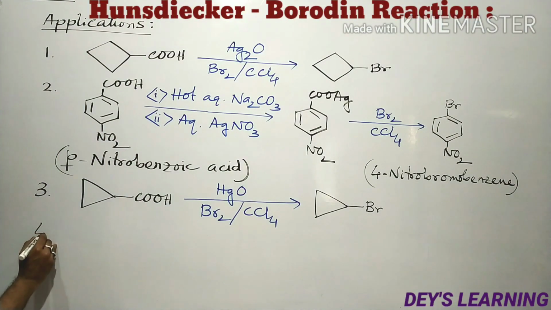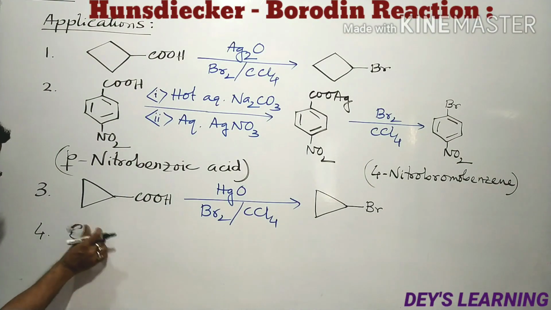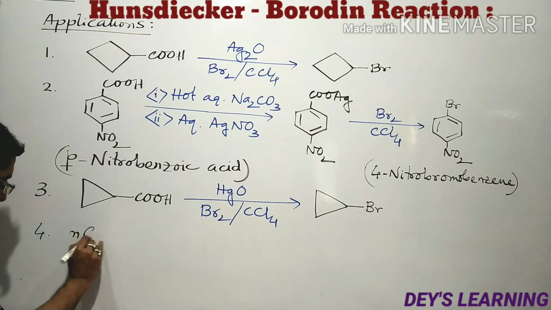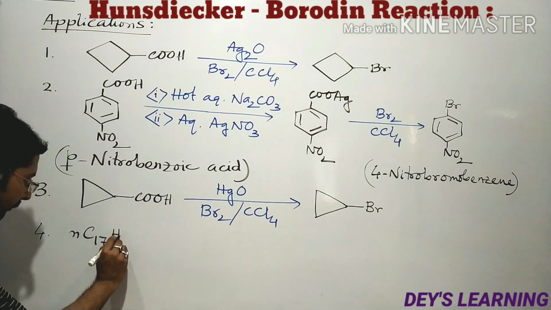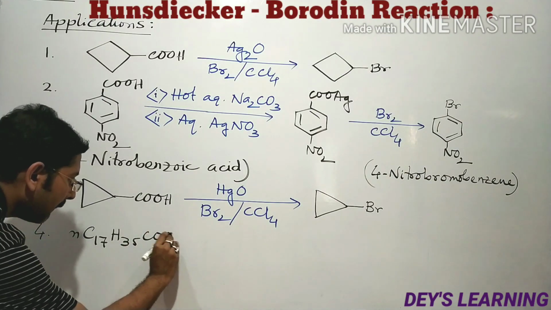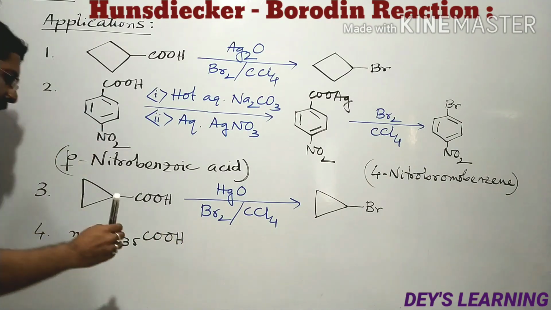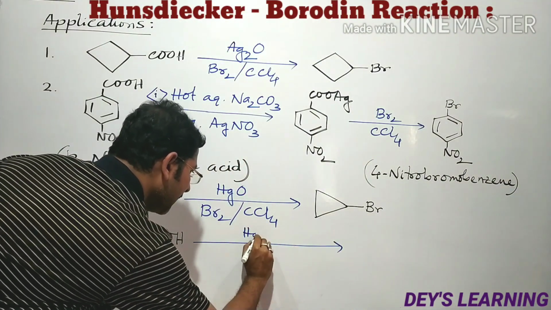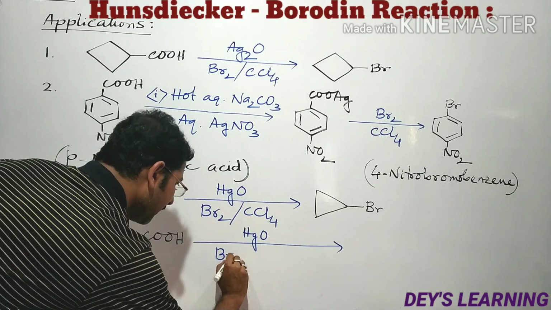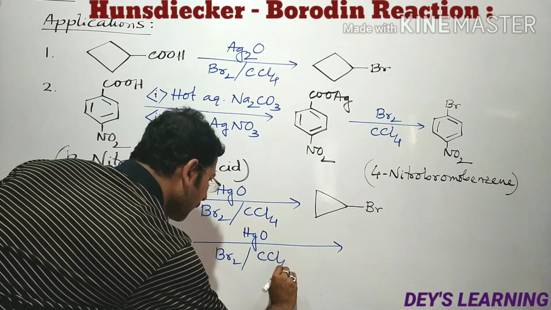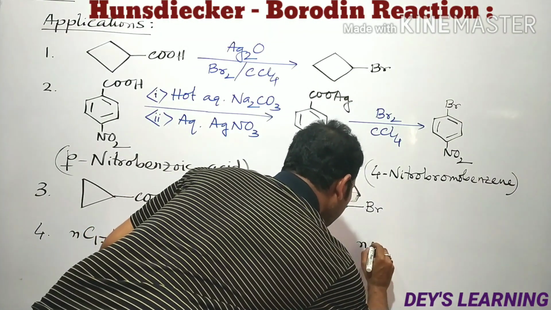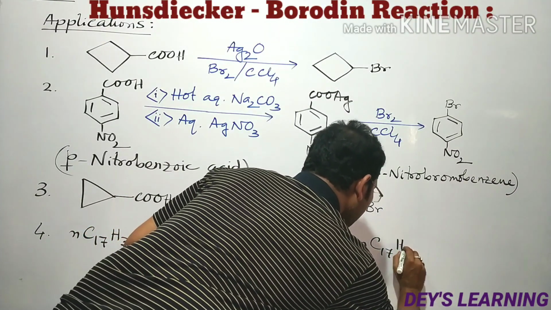Number 4, if we take the large chain molecule like this one, and on treatment of this molecule by mercuric oxide in presence of bromine and CCl4, you will get C17H35 bromine.